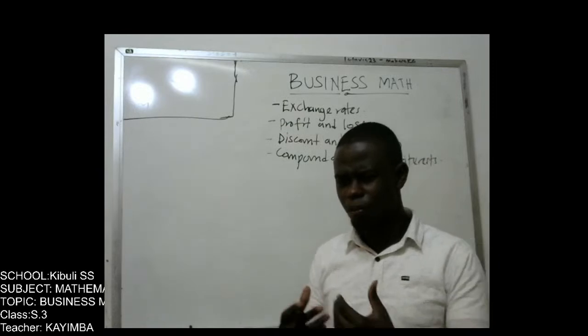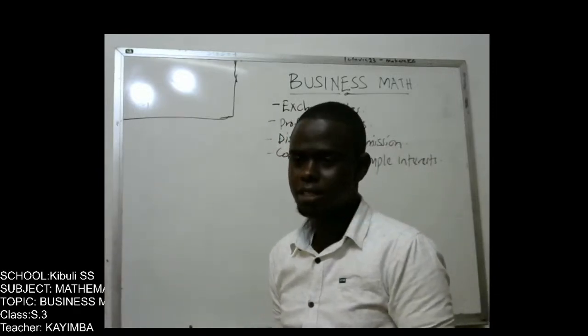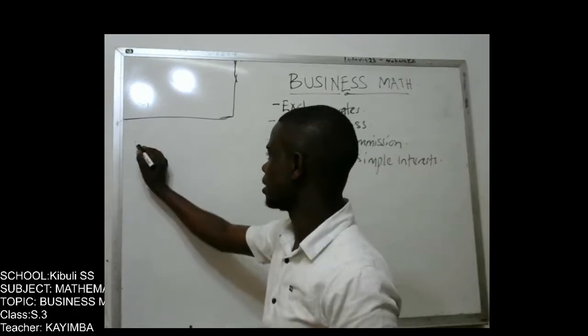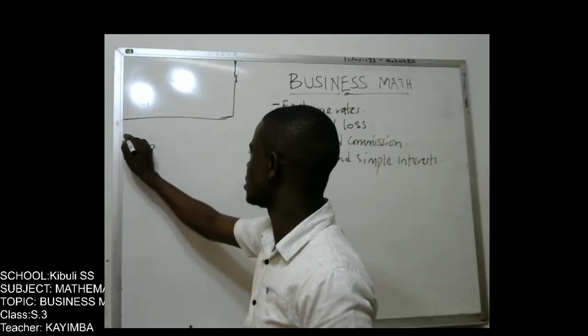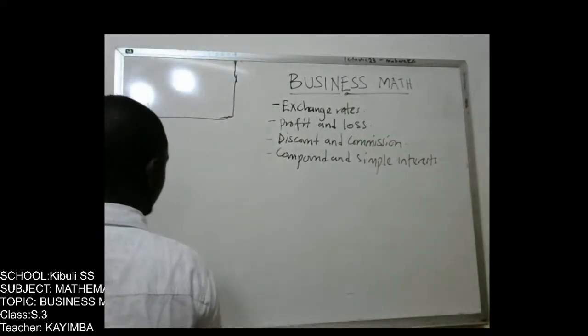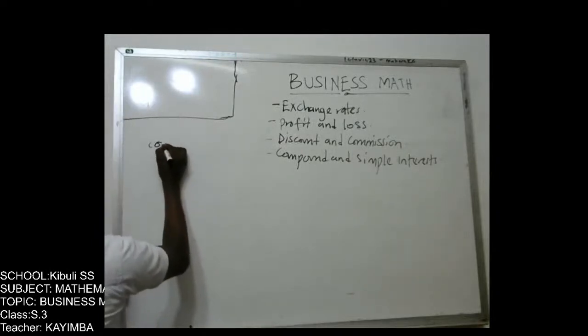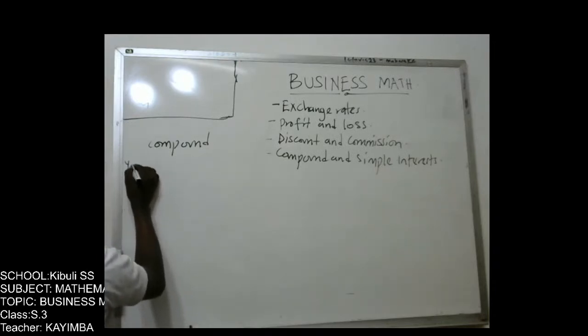So if you borrow someone's money on compound interest, it means that if the person borrowed, as I told you, 5,000 the first year, let me write it to you here. Compound interest. Year one.